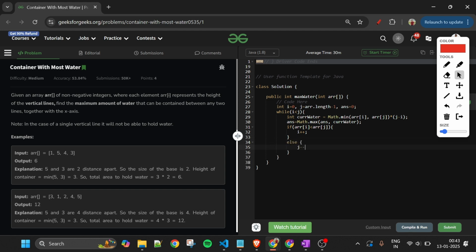Otherwise I will do j minus minus, because if arr[i] is less, I will maximize my i, and if arr[j] is less, I will have to decrease our j to get the greater answer. My goal is to get the greater answer, and here I will simply return answer.